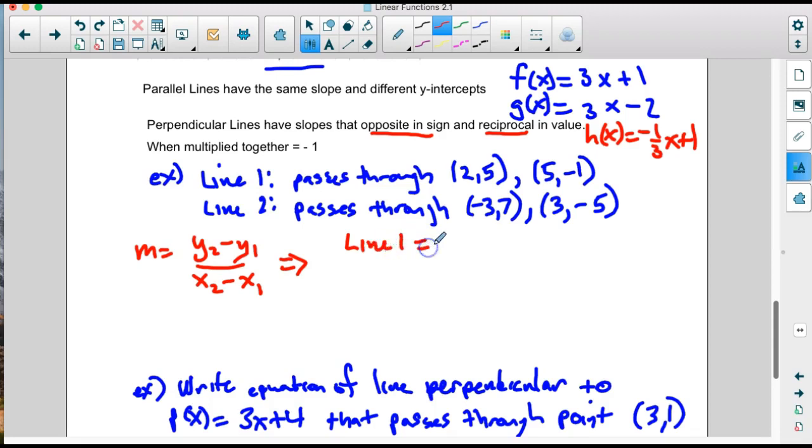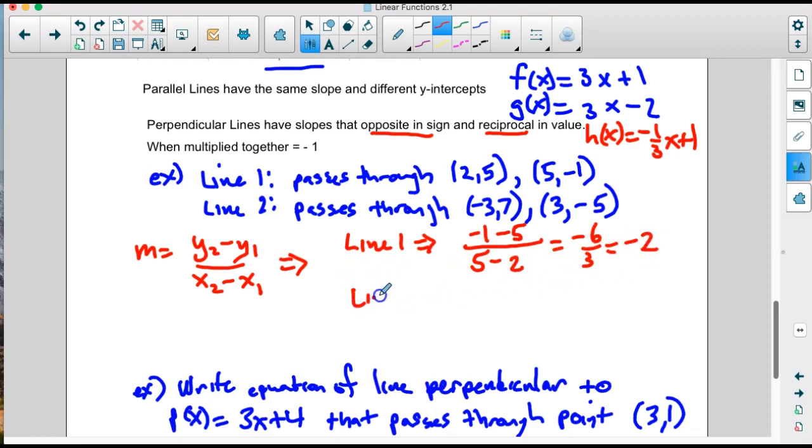Line 1, we're going to take a look at line 1, and it is -1 minus 5 over 5 minus 2. That's going to be -6 over 3, which is -2.